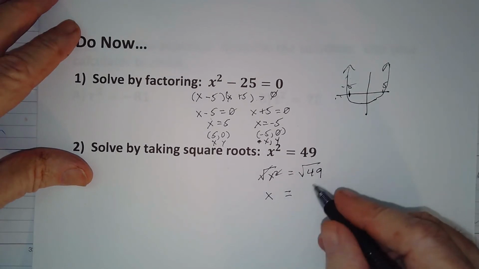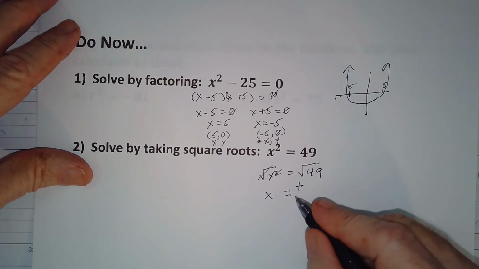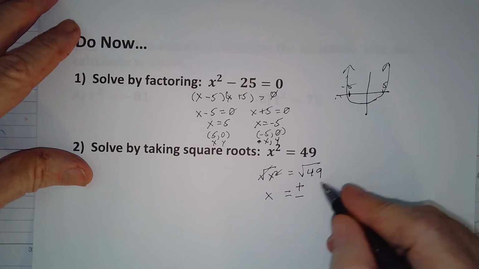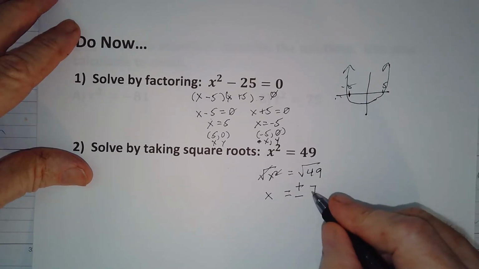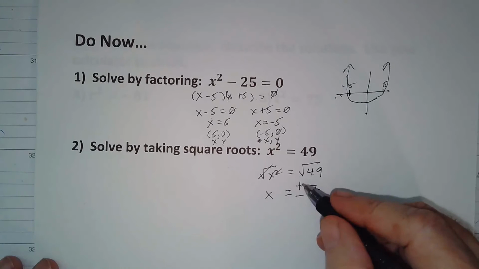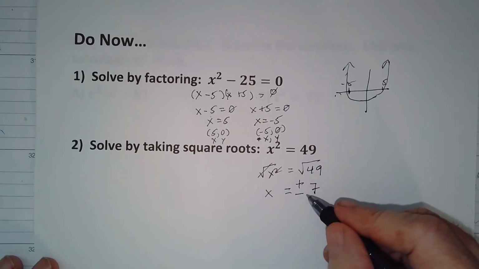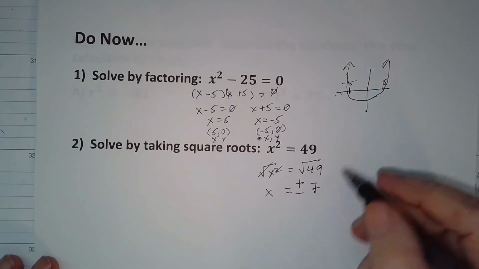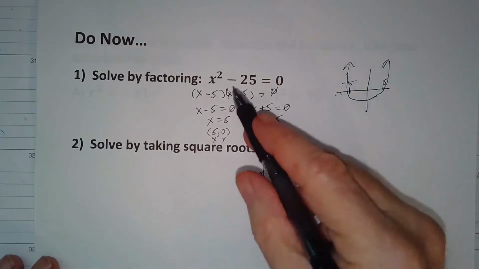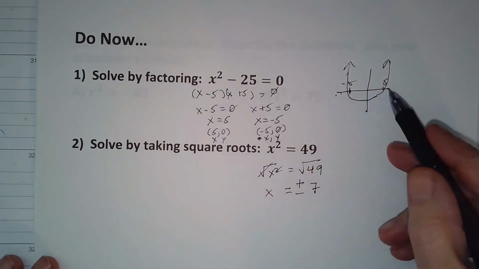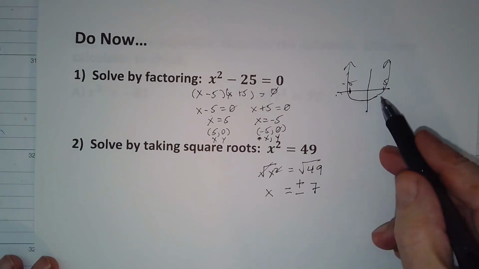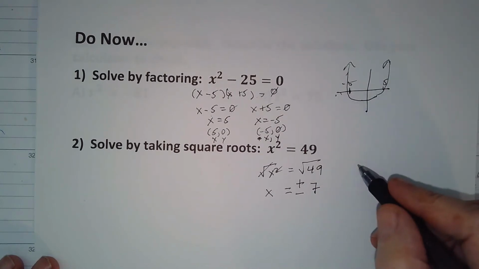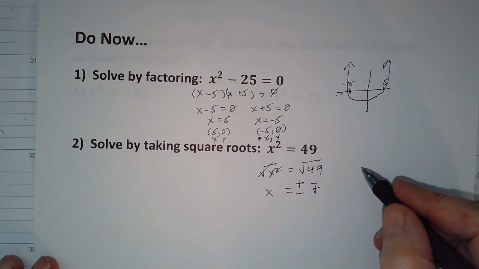And the square root of 49 is plus or minus 7, isn't it? Because 7 times 7 is 49. Whenever you do these, you get, and this is the chief difference, a positive and a negative number. But notice that up here when we were doing the factoring, we also got a positive and a negative number. So it's the same kind of thing.